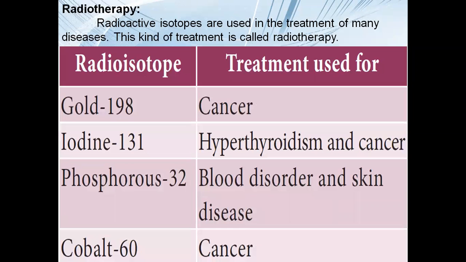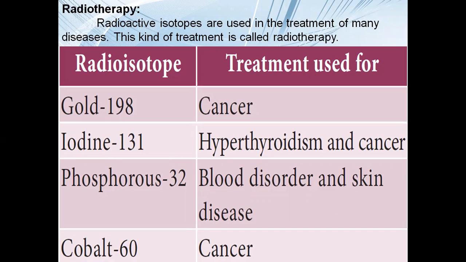Okay. So the next one is radiotherapy. So radioactive isotopes are used in the treatment of many diseases. This kind of treatment is called radiotherapy. Okay. So various places the radioisotopes are used in the treatment.